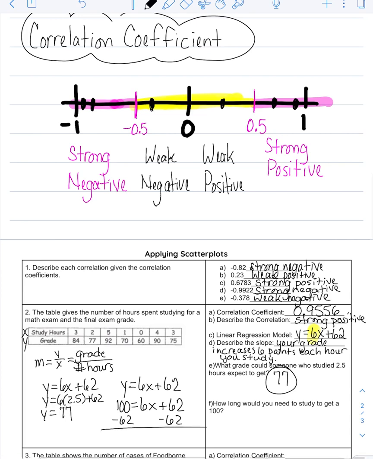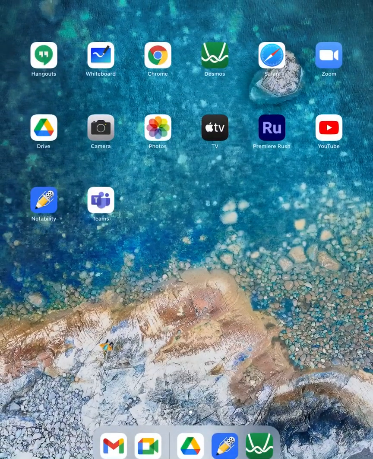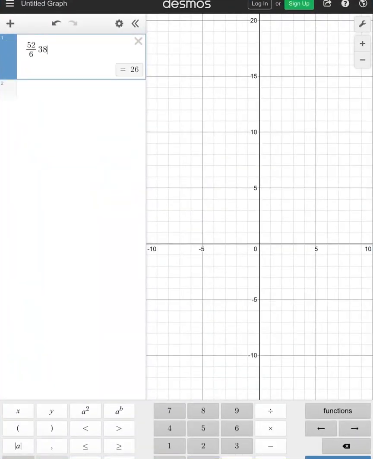When I do that, I get 38 equals 6x. I'm going to divide both sides by 6. So 38 divided by 6.